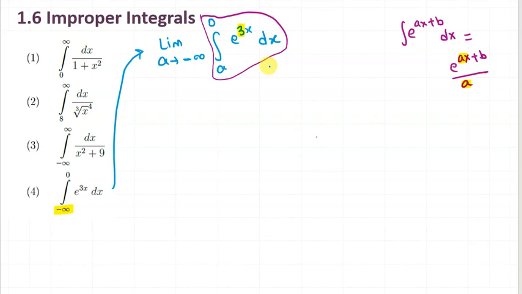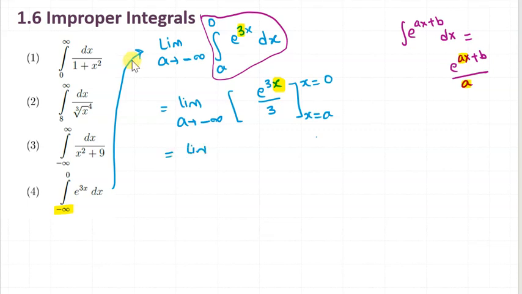So when you integrate, this gives you limit a goes to minus infinity, e to the power 3x divided by 3, and x is from a to x equal to 0.